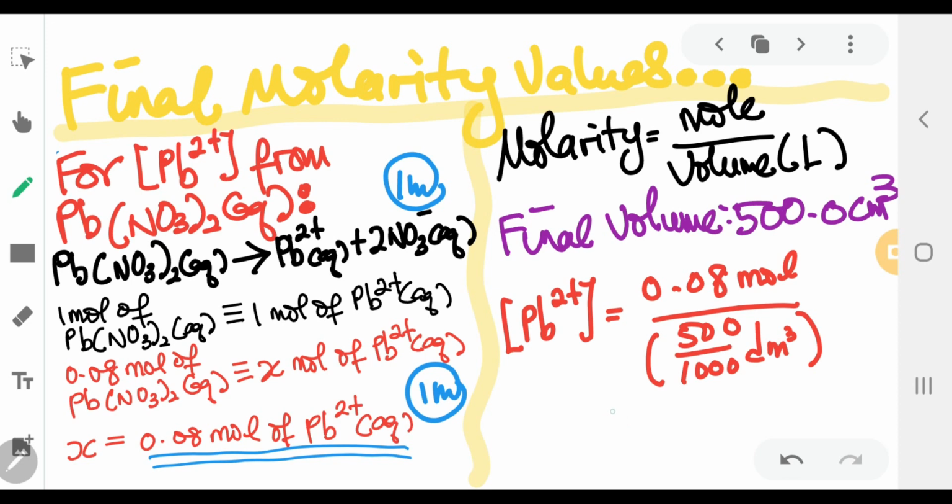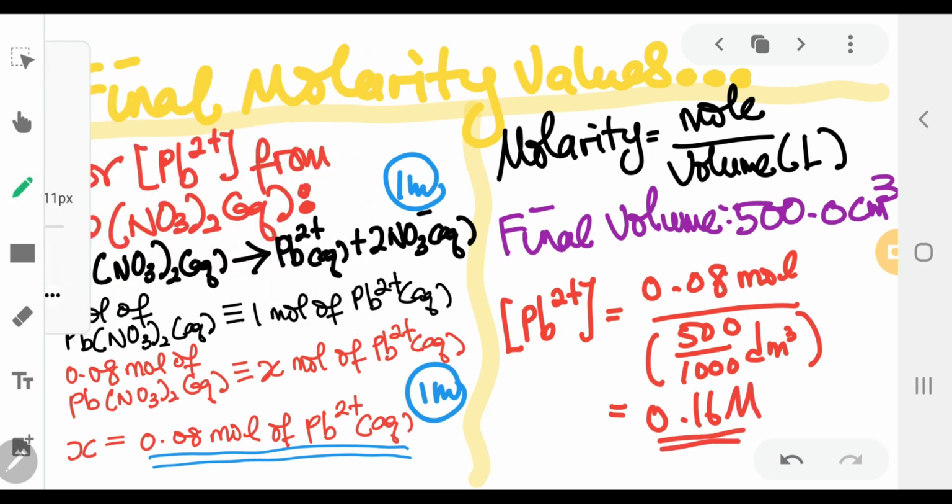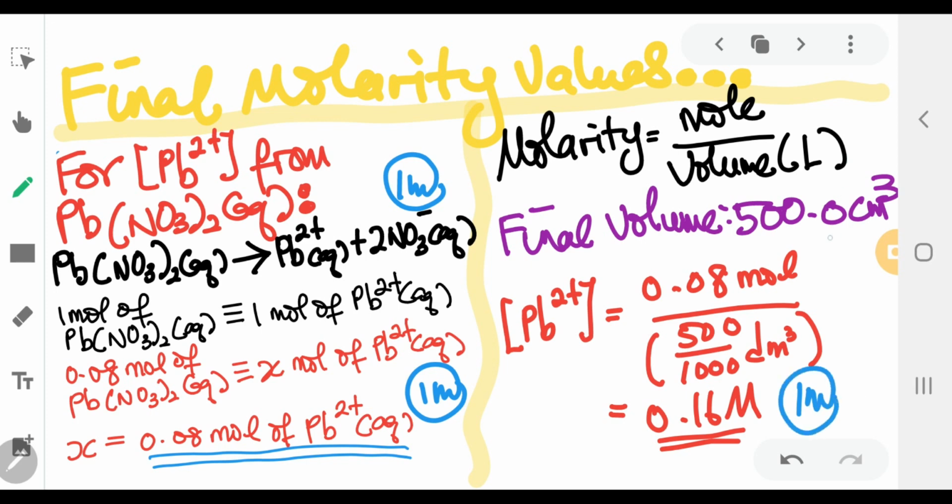And this one should give you 0.16 molar. You get 1 mark here and 1 mark right there.